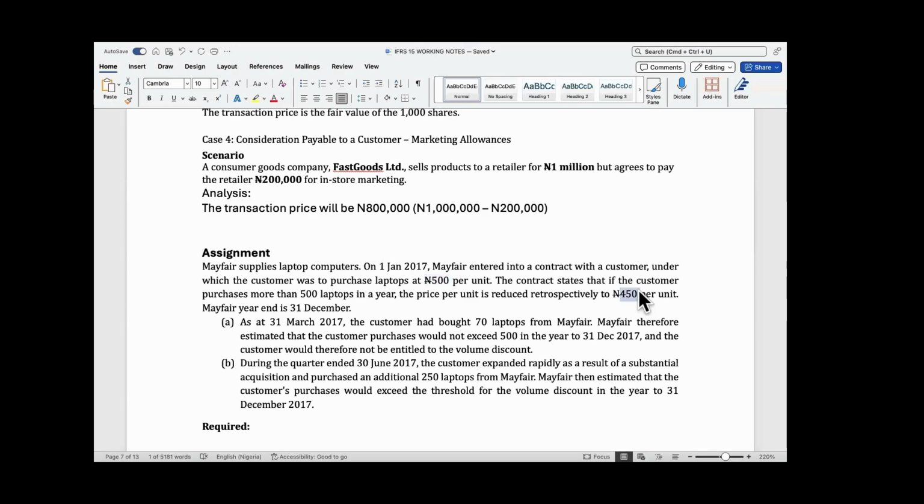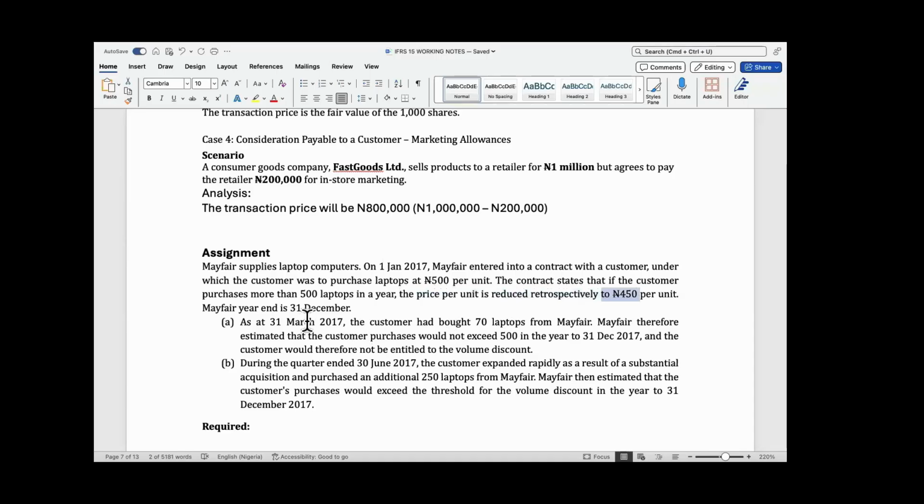If he has overpaid, we'll give it back to him. So that's what they say, that the price per unit is reduced retrospectively. So even the ones he has paid 500 naira for, we will return the money to him because we would assume that we sold it to him at 450 naira.